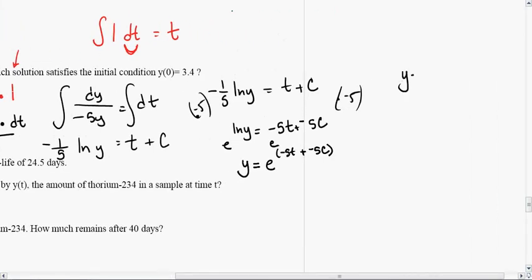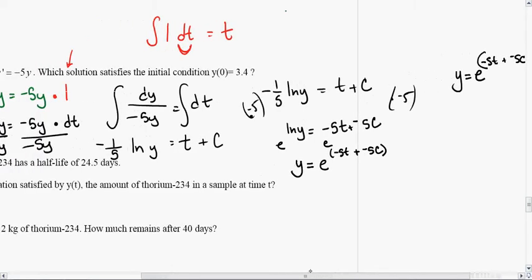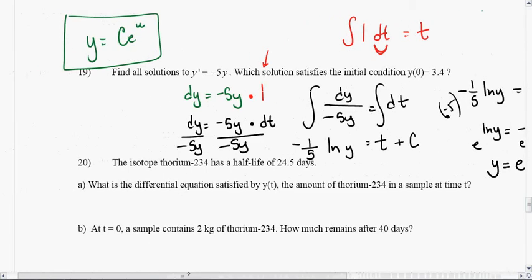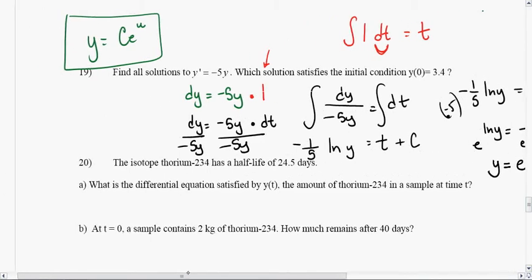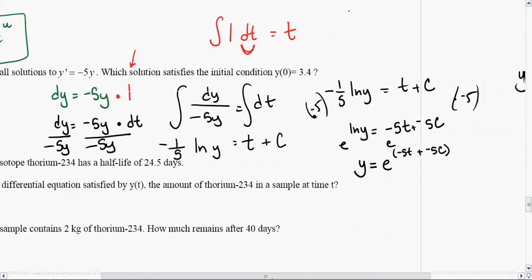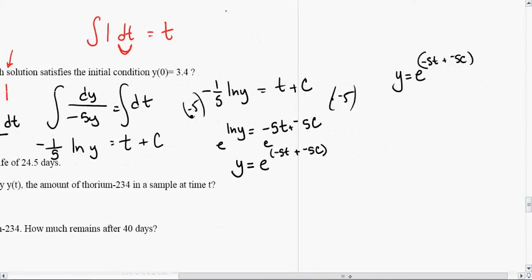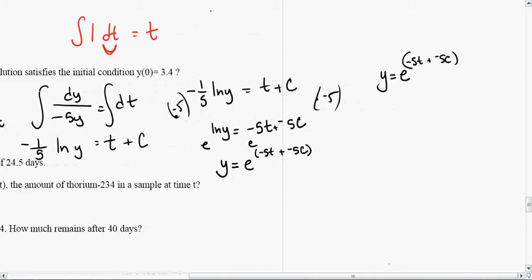So now I have this crazy thing, y equals e to the negative 5t plus negative 5c. And remember where I'm headed here. I knew I was going to end up with y equaling something with an exponential, like e to the something. And sure enough, there it is. It's coming out of taking the integral of something and it ending up being a log.